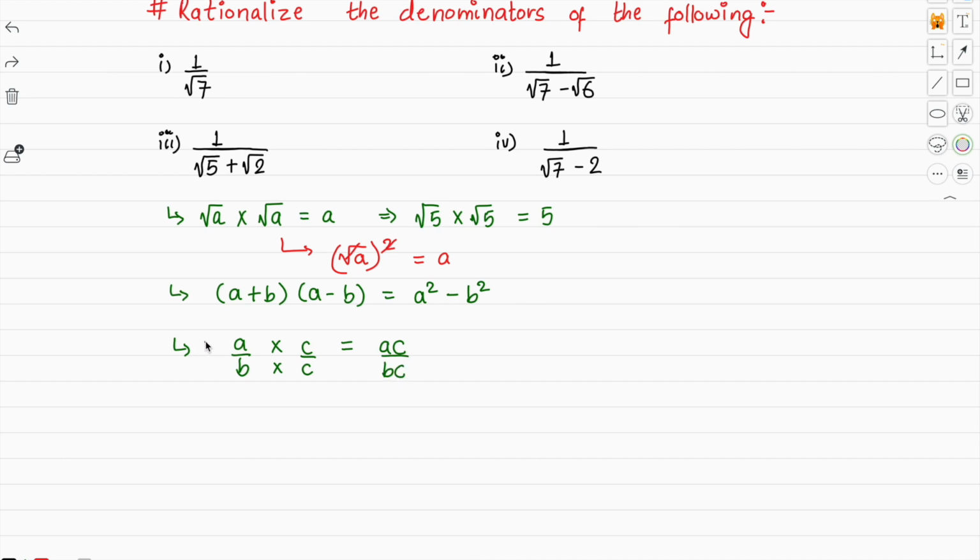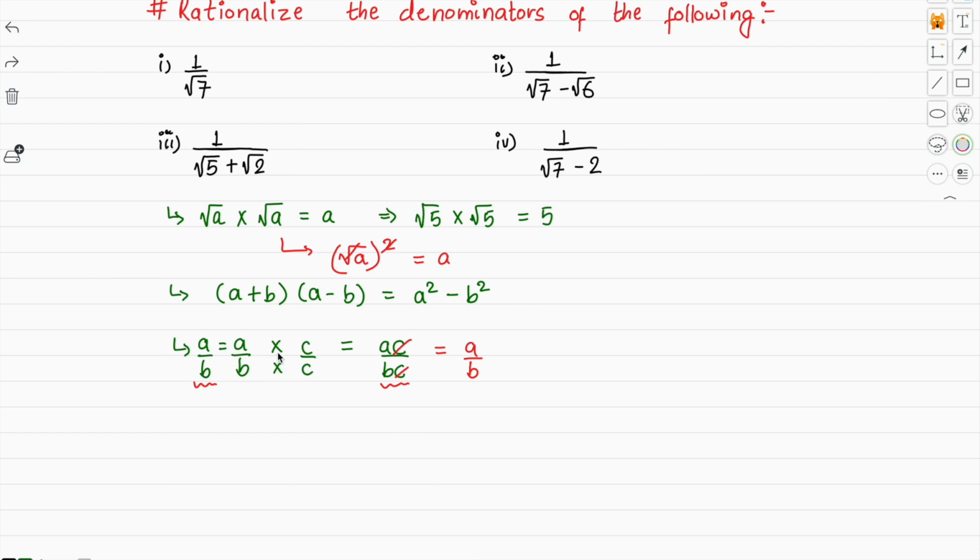So our initial fraction was a divided by b. We multiplied both the denominator and the numerator by c, and we got ac by bc. Our final fraction ac by bc and our initial fraction a by b are the same fractions, and they are known as equivalent fractions. They are the same fractions because if you cut this c and this c, you would again get a divided by b.